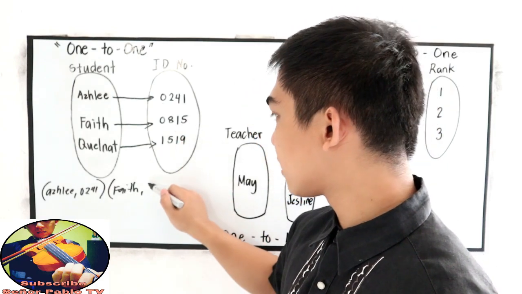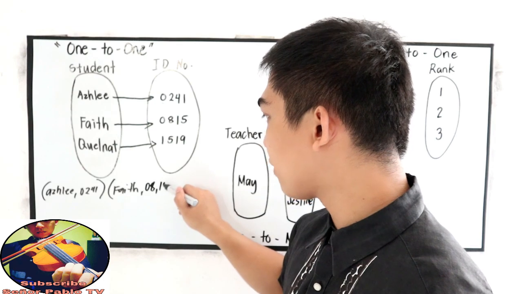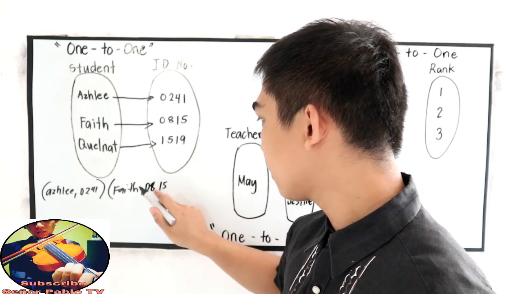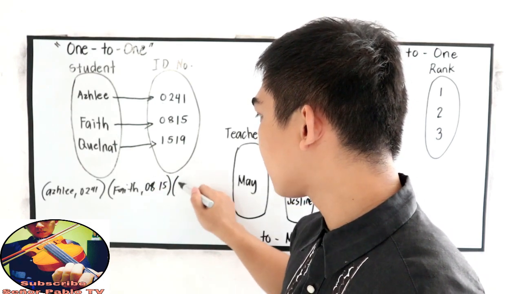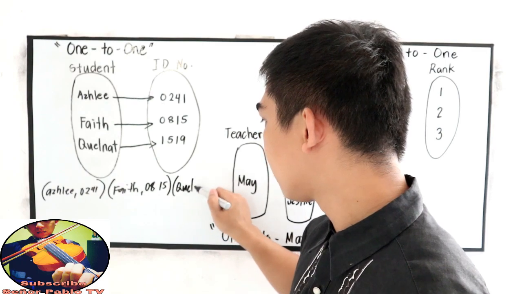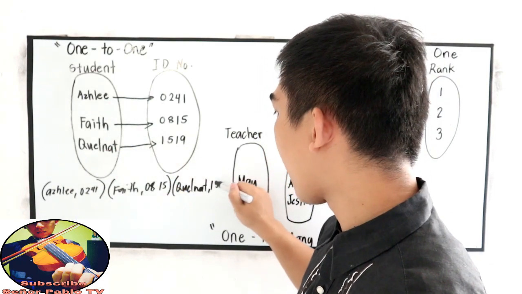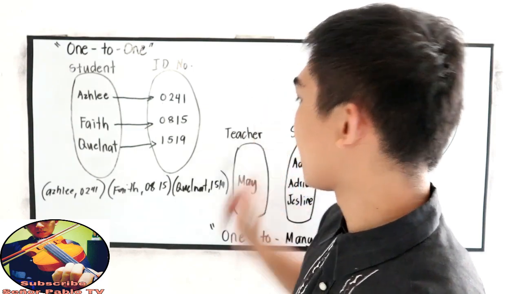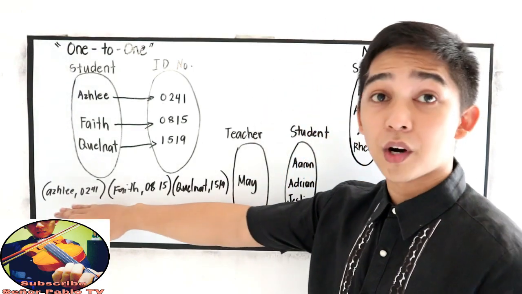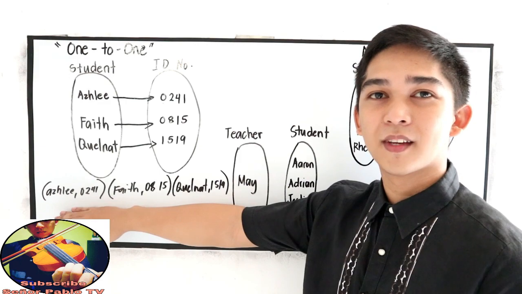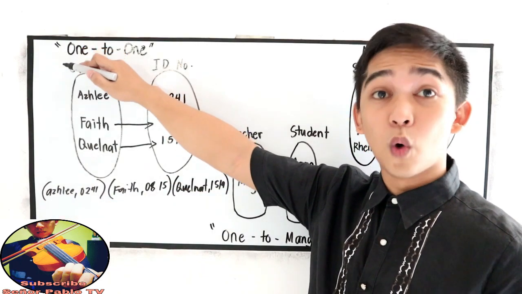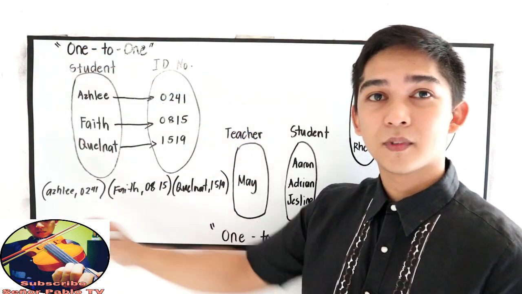Her ID number is 0815. And Kelnat is 1519. Okay. This will be our ordered pairs. That is the one-to-one correspondence.